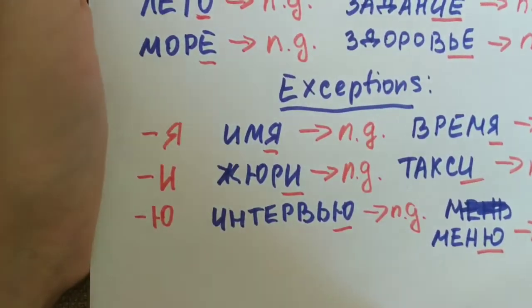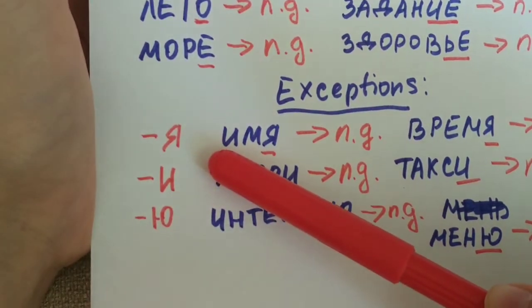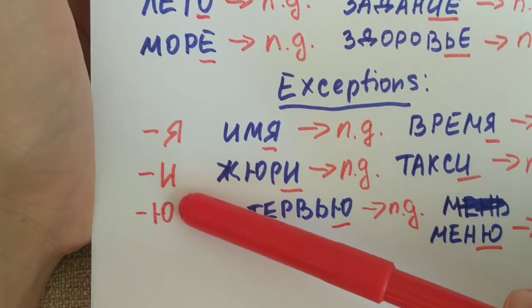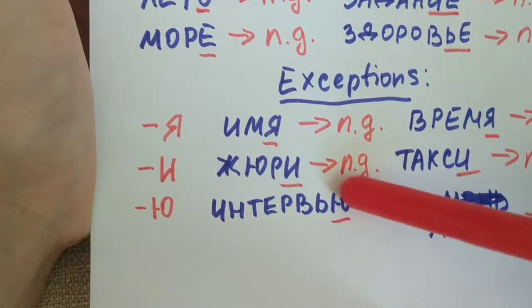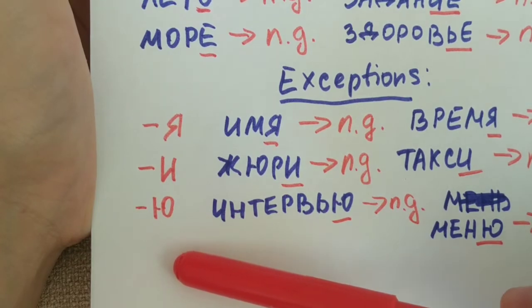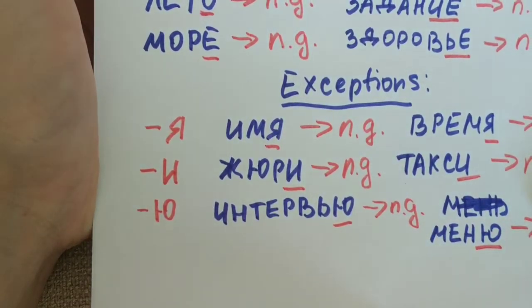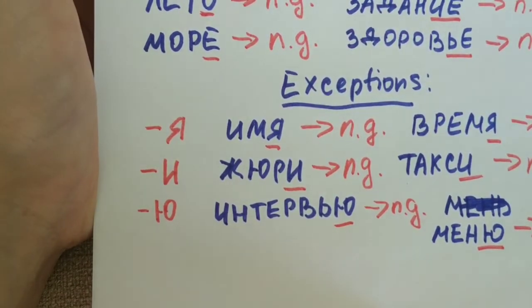A group of nouns ending in the vowel ya may belong to the neuter gender, like these examples. Another group of nouns ending in e may belong to the neuter gender, as well as a group of nouns ending in the vowel u. So exceptions you have to know by heart.